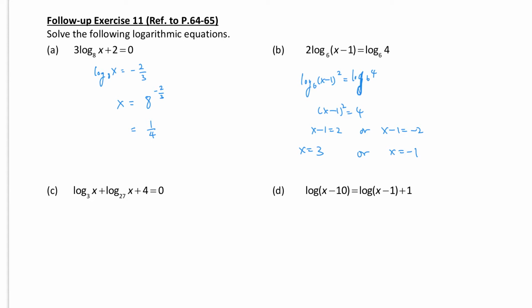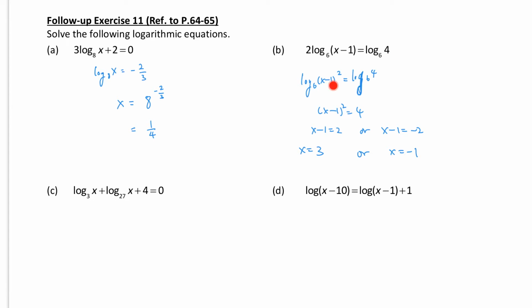For exercise 11, part B: 2 log x minus 1 with base x is equal to log 4 with base x. Because we have 2 log, I will apply the previous concept. I want to change to log a is equal to log b. Then we can imply a is equal to b.